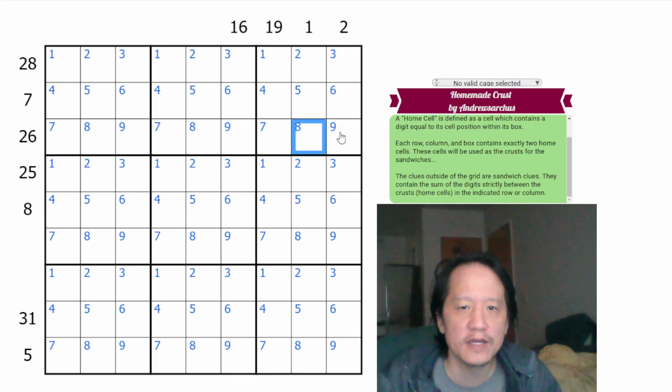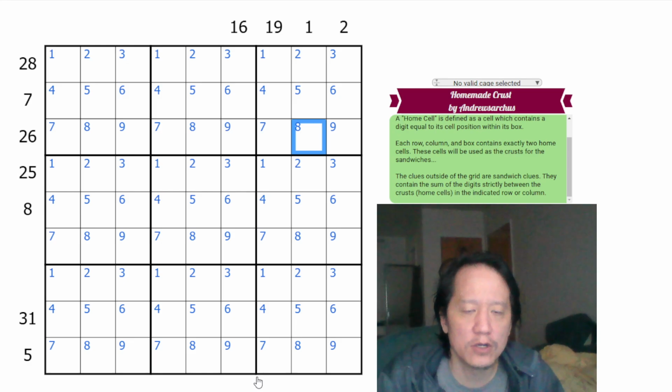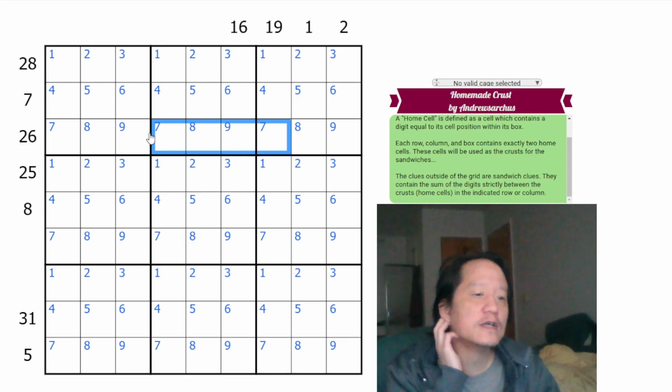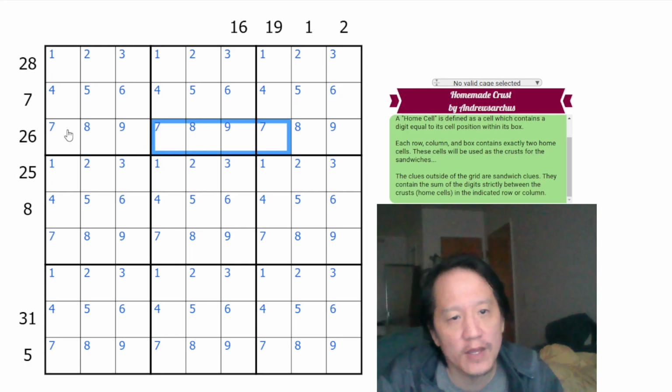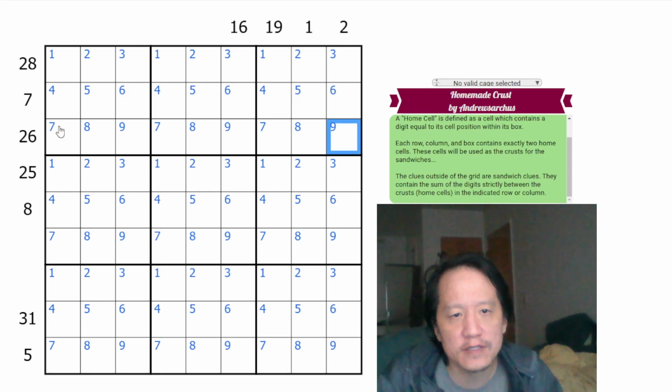What about 7 and 8? 7 and 8 could work. Again, 8 and 9, the only one that works is this 8 and that 9, because you have a difference of 2 between the 1 through 7 added up and the sandwich clue. Therefore, 8 and 9, it would have to be that's 8 and that's 9 and that's 2. 7 and 8, I think, works because you could have 7 and 8 here.